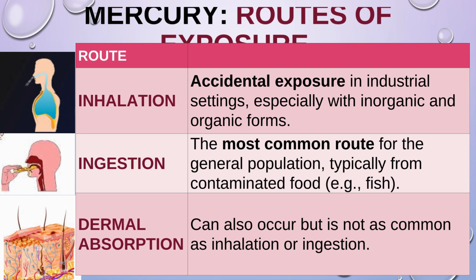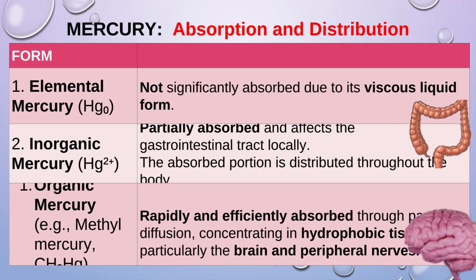But salmon also contains mercury, and so does tuna. Next, dermal absorption can also occur but is not as common as inhalation or ingestion. The two routes commonly associated with mercury exposure are inhalation and ingestion.